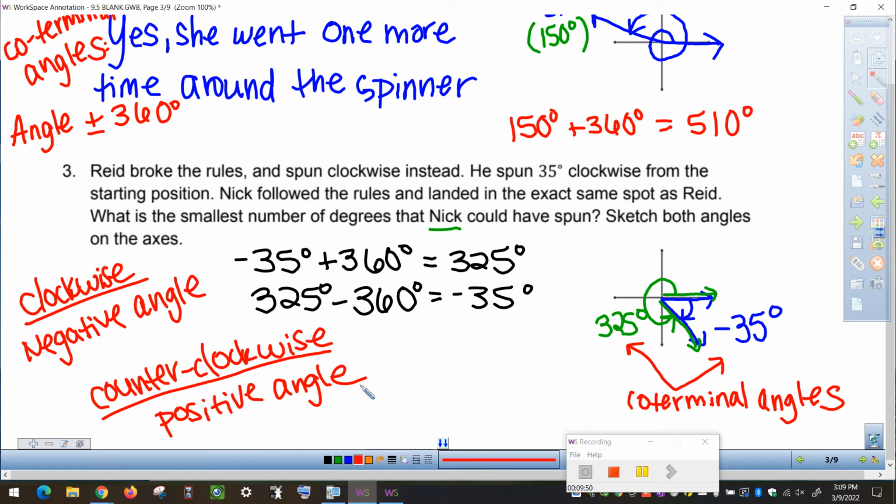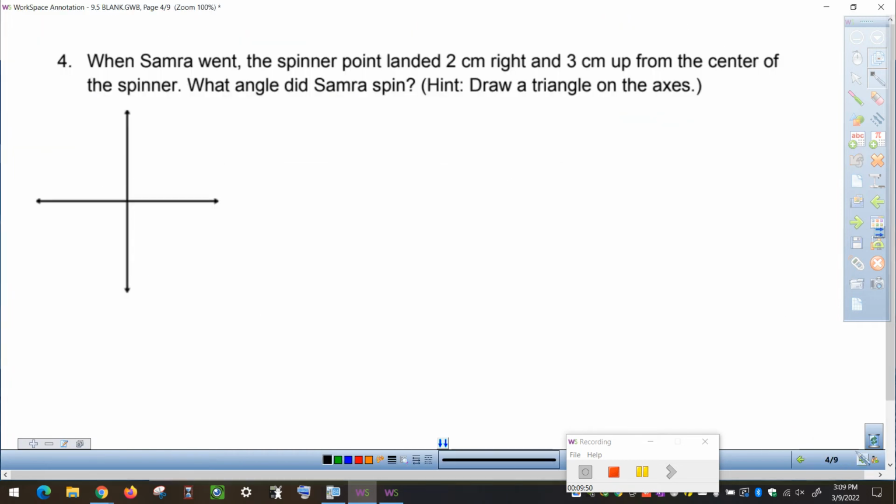All right, so now we have a different situation here in the next part. It says that when this student went, the center point landed 2 centimeters right and 3 centimeters up from the center of the spinner. So let's see if we can model that. So here's the center of our spinner, 2 centimeters to the right and 3 centimeters up.